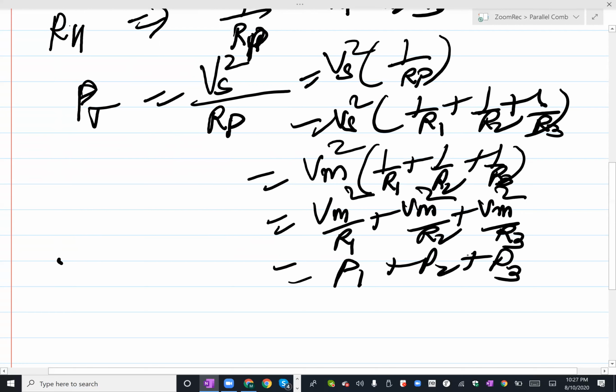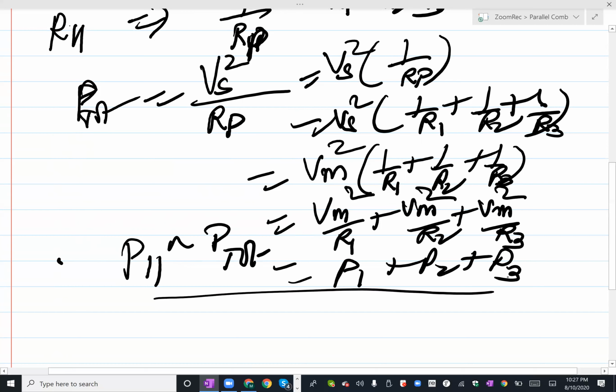In series, the resistance was R1 plus R2 plus R3, but the power obeyed 1 by Ps equal to 1 by P1 plus 1 by P2 plus 1 by P3. Here, surprisingly, 1 by R parallel is 1 by R1 plus 1 by R2 plus 1 by R3, but the power parallel, or total power, is equal to P1 plus P2 plus P3.